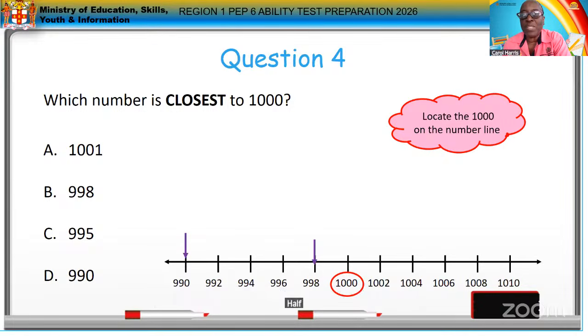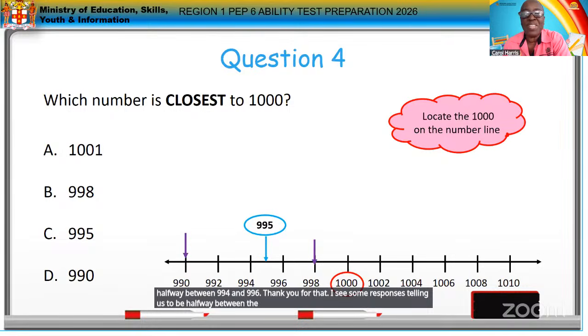Halfway between what and what? Halfway between 994 and 996. Thank you for that. I see some responses telling us to be halfway between the 994 and the 996. Excellent. So we can locate our 995 and our 1001.